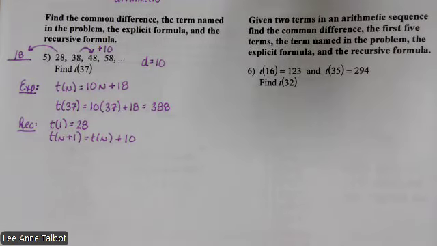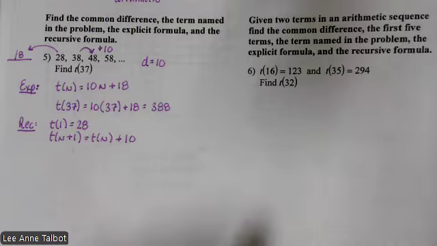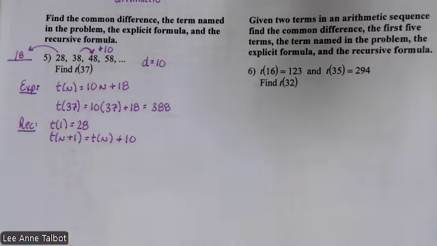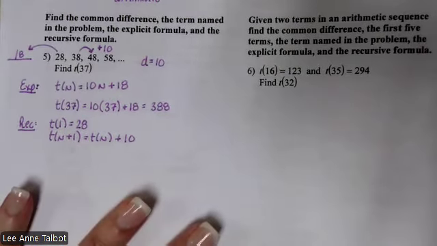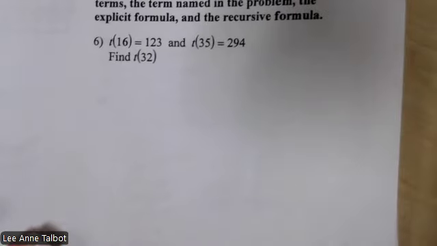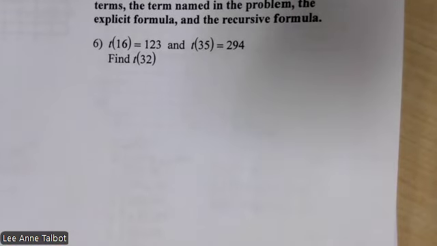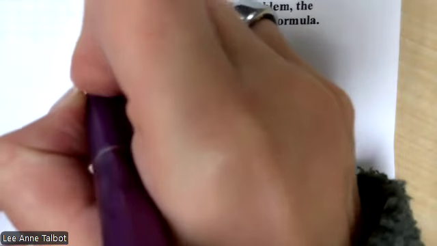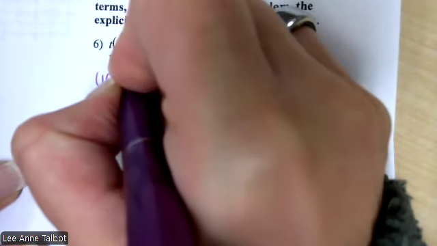Given two terms in an arithmetic sequence, find the common difference, the first 5 terms, the term named in the problem, the explicit and the recursive. Holy cannoli, it's asking for everything. And it didn't really give me the sequence like this one did. I have to find it. For a problem like number 6, I like to switch myself into chapter 2 mode, and I will make these into coordinates.